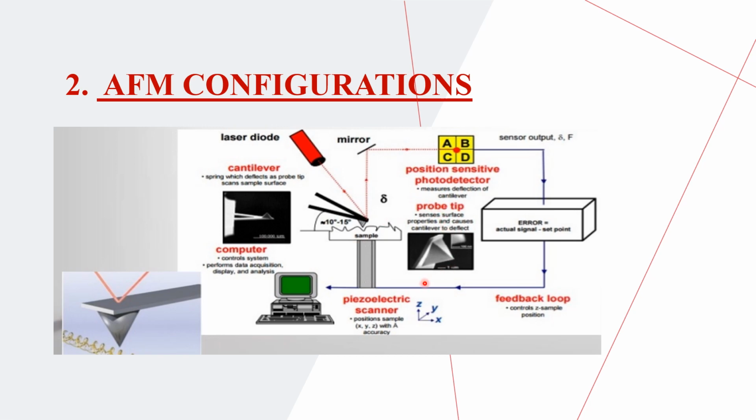This whole thing is analyzed in the digital system and the data analysis is displayed. This is the zoom view of the cantilever: this is the probe, this is the laser beam, how the deflection is done, and these are the sample's roughness.